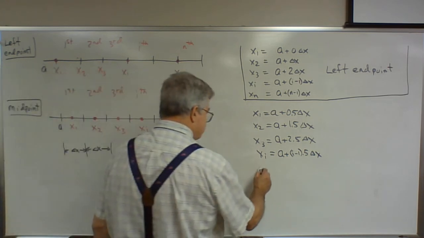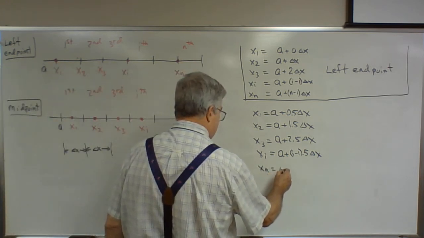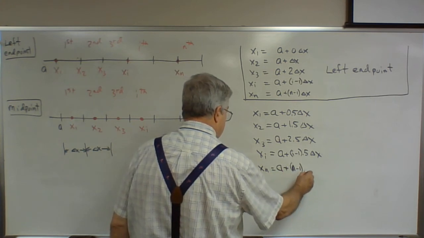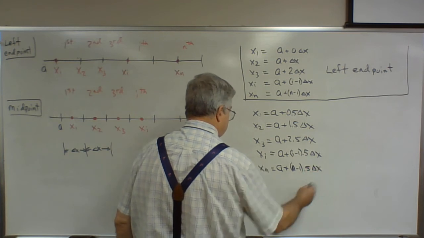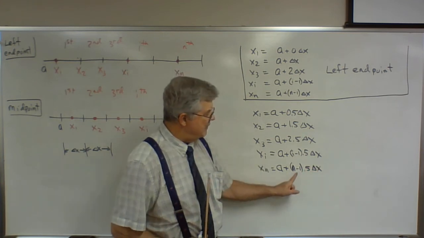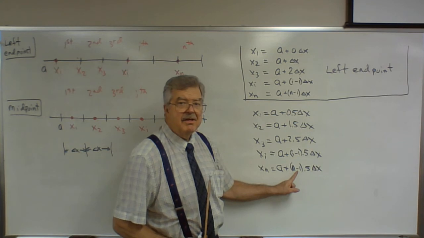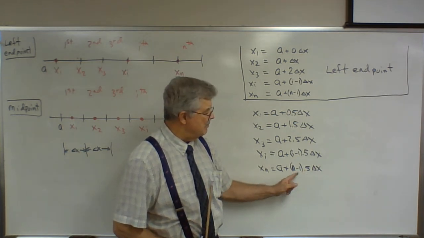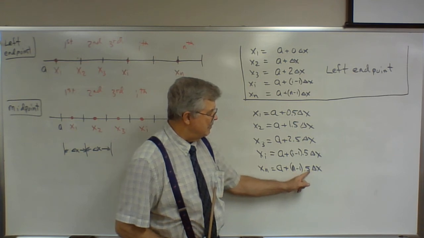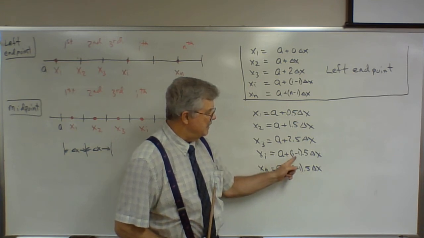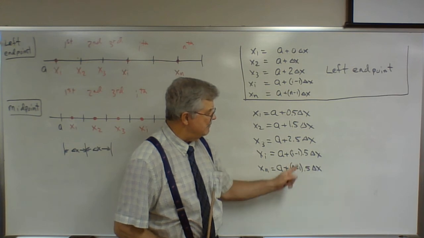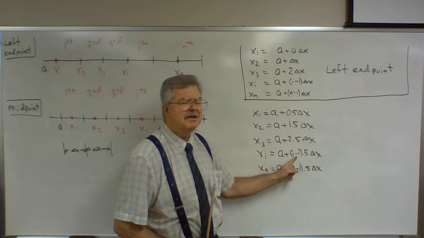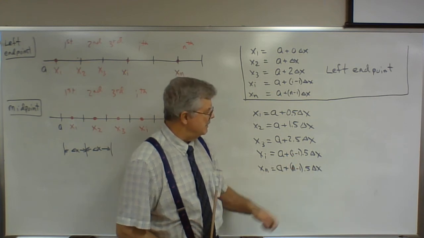And x sub n is a plus (n minus 0.5) delta x. I'm saying here that n minus 1 should be the digit to the left of the decimal point. This is one number, n minus 0.5. This is one number, i minus 0.5.